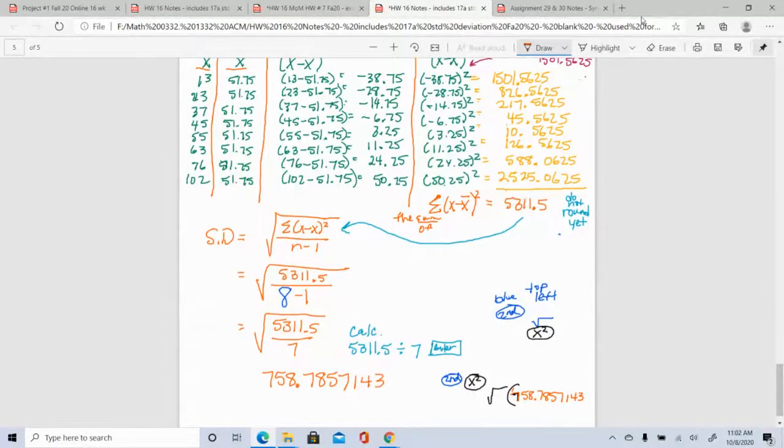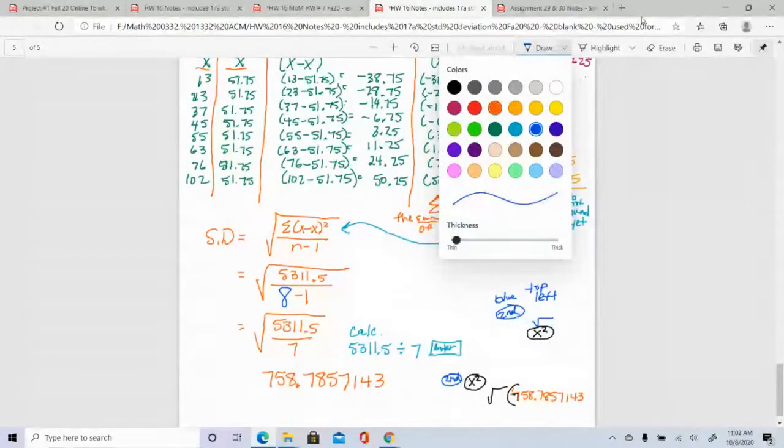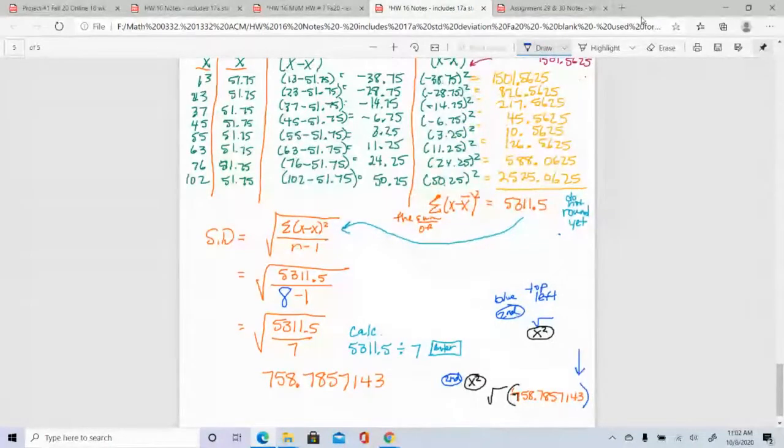And then you got to close a parenthesis. It opens it for you. This is what the calculator does. You'll see square root with an open parenthesis. Then you've got to close it. Close your parenthesis. Okay, you got to do that. And then you can hit enter. So let me do that. 758.785.